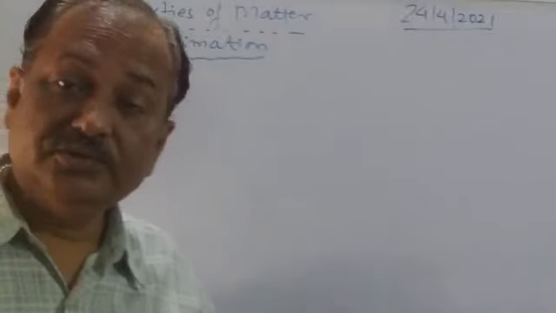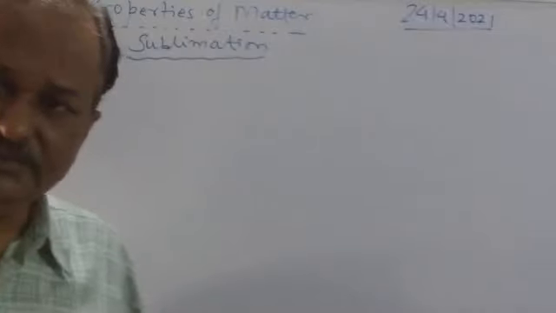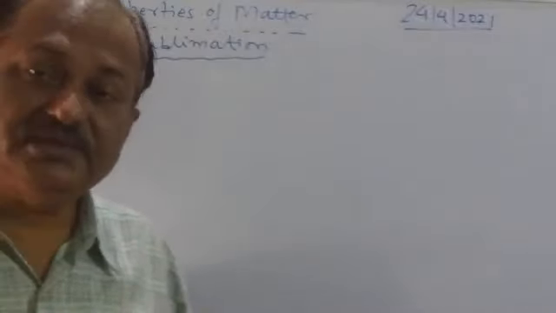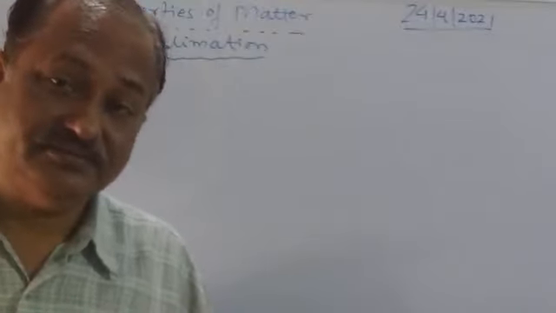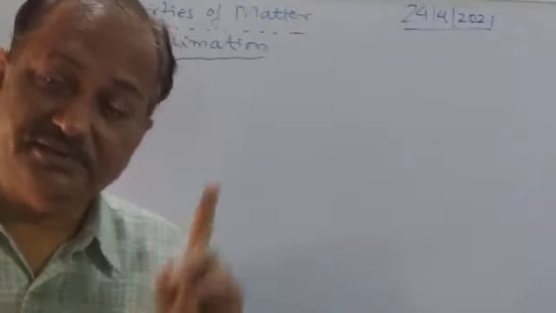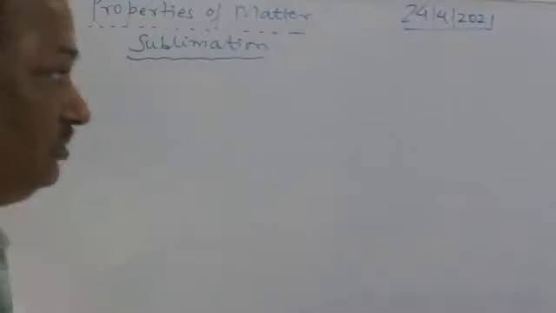Now, I'm going to explain the next very important point. It is sublimation. You know this. It is nothing but the property of some solids due to which they are converted into vapor.